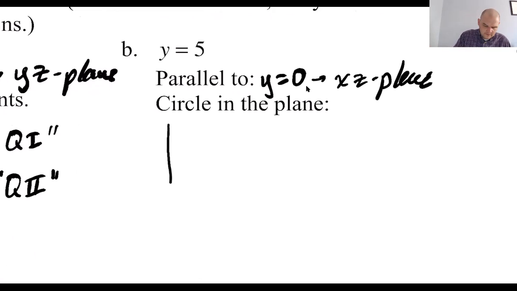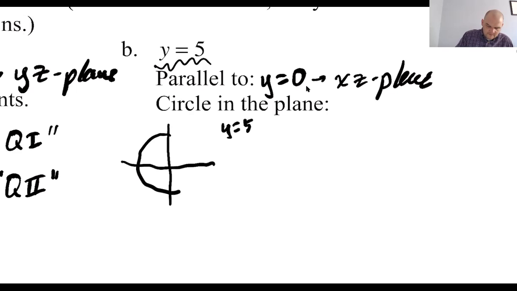I'm going to draw it in this plane. So this is the plane y equals 5, and then we have a circle. This is x, and this is z. I need to parameterize that.